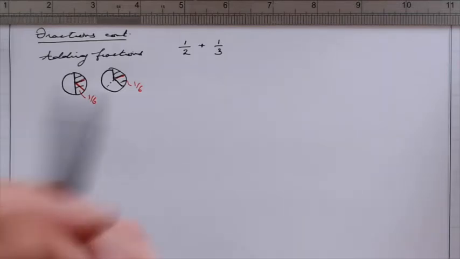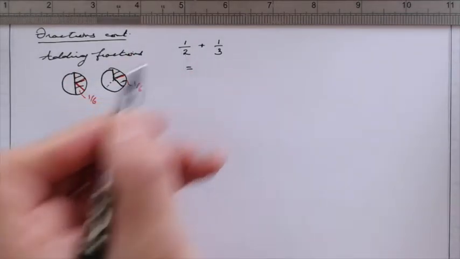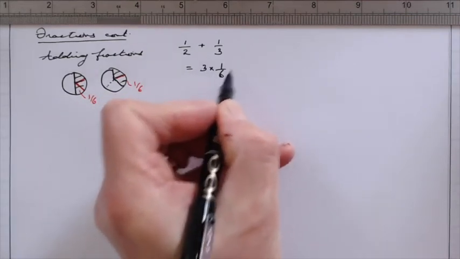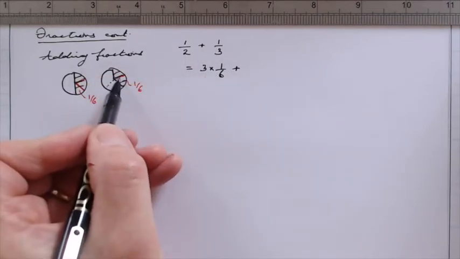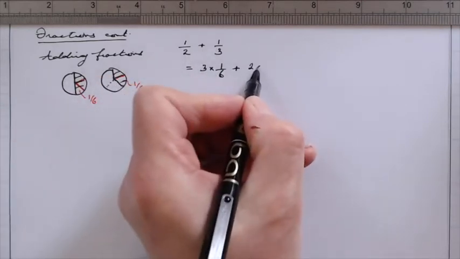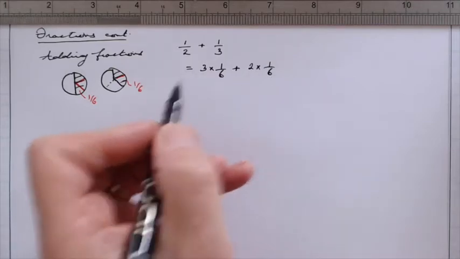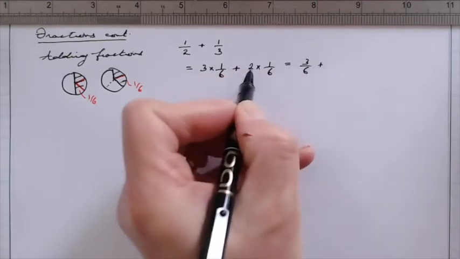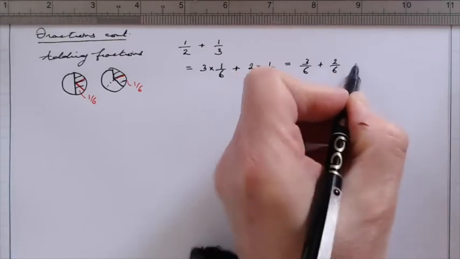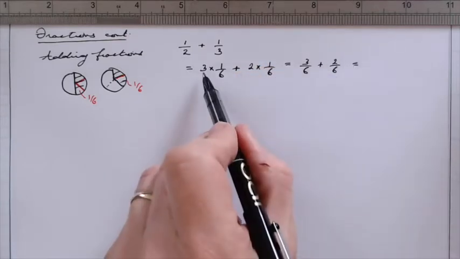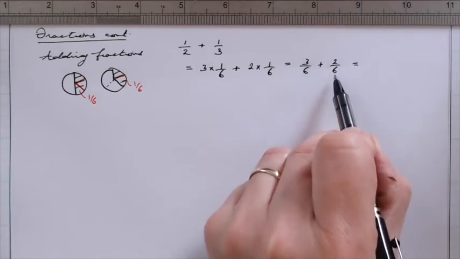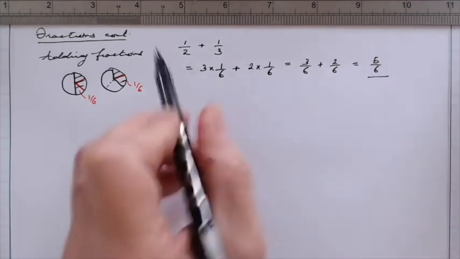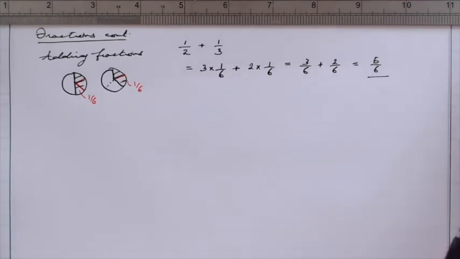And so we could write a half as 1, 2, 3 lots of a sixth, and then a third as 2 lots of a sixth. In other words, we would be adding 3 sixths and 2 sixths. And the total number of sixths that we're adding is 3 plus 2. 3 sixths plus 2 sixths is 5 sixths. And that's the answer. So a half plus a third is 5 sixths.